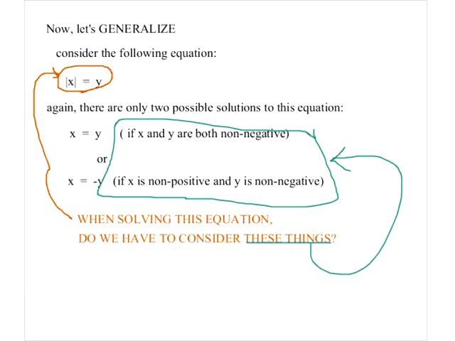So the complete answer: you actually don't explicitly have to think about signs, but there's an extra step at the end of the process.